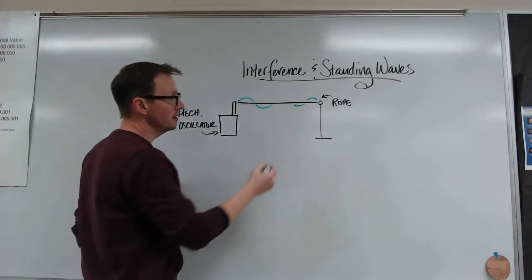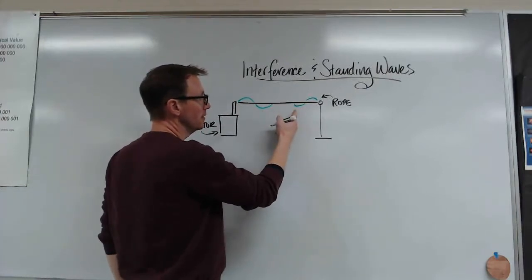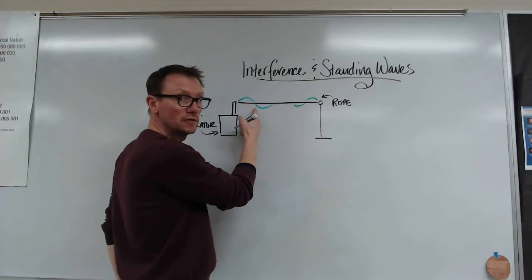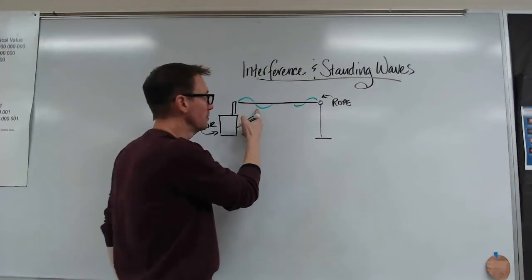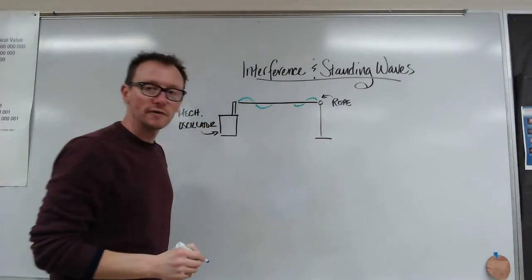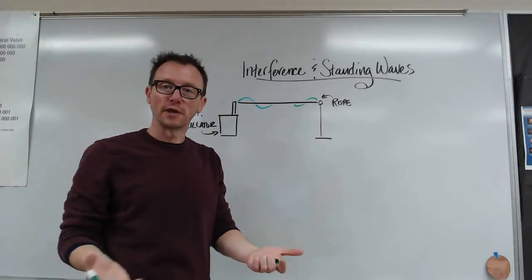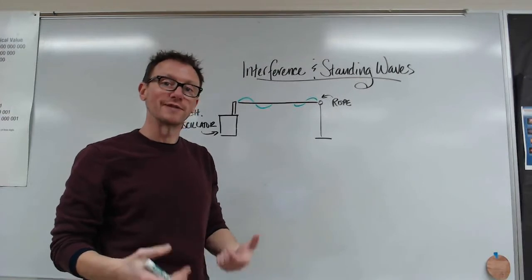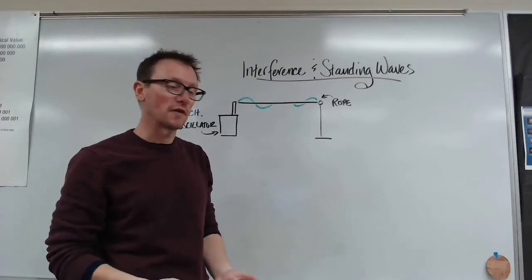Now, if you notice, when these two waves hit each other, let's say a second wave was produced after a delay. When these two waves hit each other, when the trough and the trough coincide, they're going to make a bigger trough, right? Because of interference. Interference says you need to add the amplitudes of the waves together.